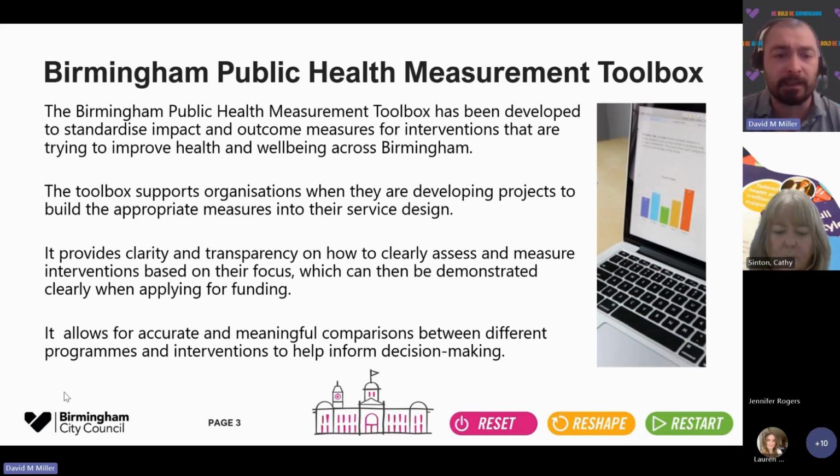It's so important that any funding has a demonstrable impact on health in this context. It also allows for accurate and meaningful comparisons between different programs and interventions to help inform decision making, which is also really key.